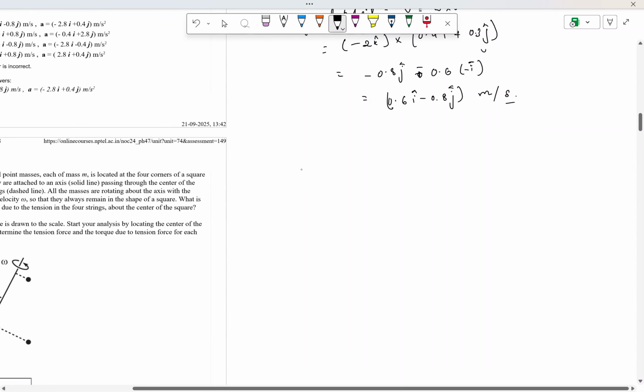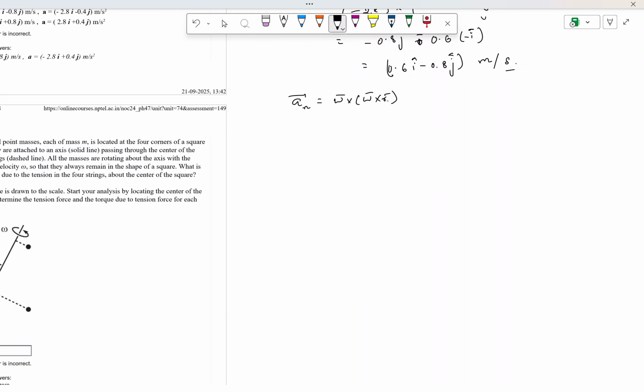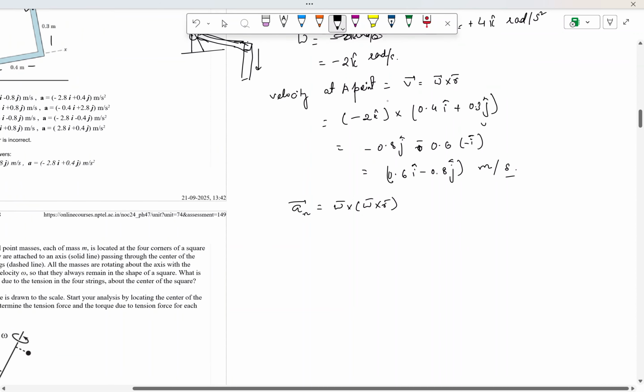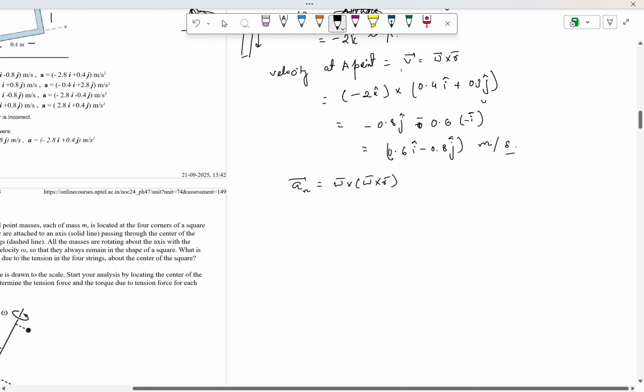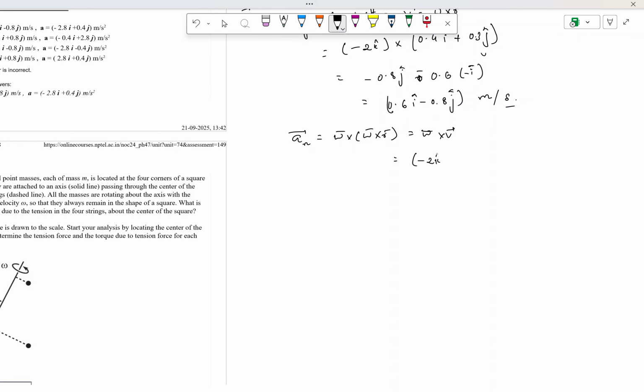Now for the acceleration, that will be a combination of two parts that is already taught in the lecture. One acceleration part will be the a n vector, which is simply omega vector cross r vector, and omega cross r we have already calculated in terms of v. So this is simply omega vector cross v vector, and omega vector is minus 2 k cap as already said, cross product of 0.6 i cap minus 0.8 j cap.